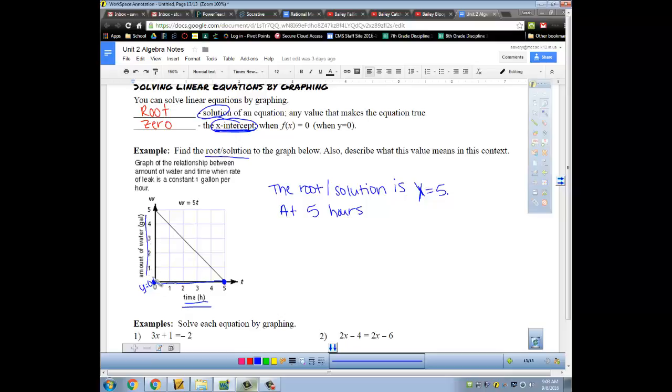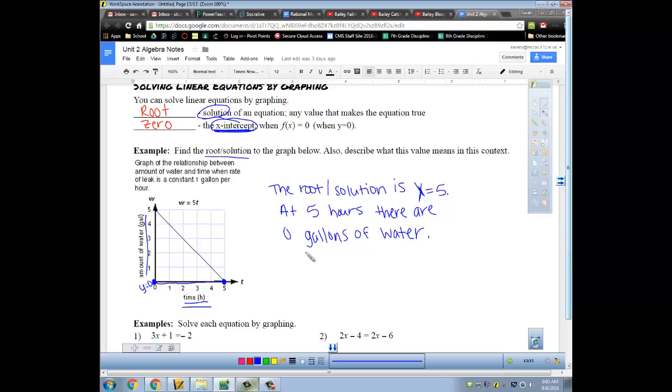That says amount of water. So that means 0 gallons of water. So at 5 hours, there are 0 gallons of water. So anytime it asks, what does this mean in this situation? What's going on with the graph? You just need to look at the labels and be specific with the labels.